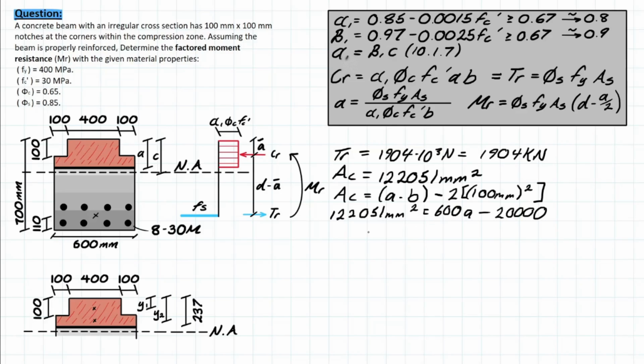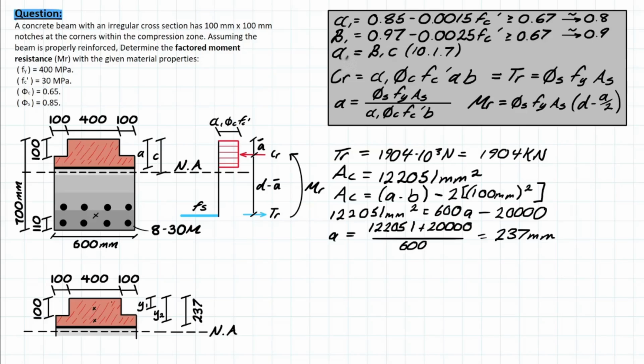Now, rearranging this formula, you are looking for the A value. Solving for that, you have the area of concrete on the top, bringing this over is going to be plus the notched area, and then you're dividing all of this by 600. Solving for that, you're left with approximately 237 millimeters.